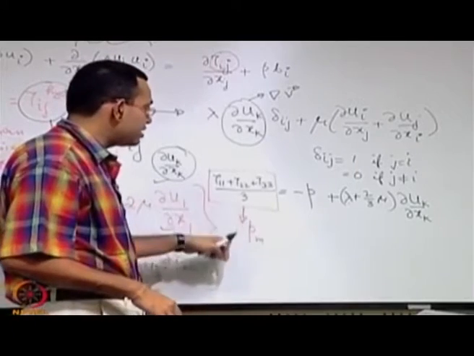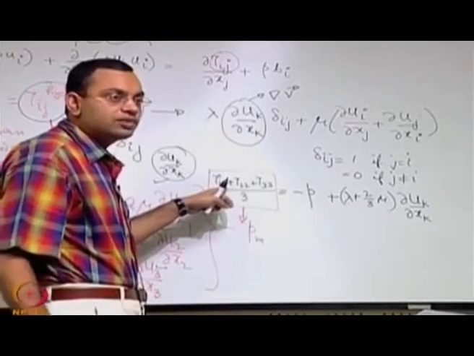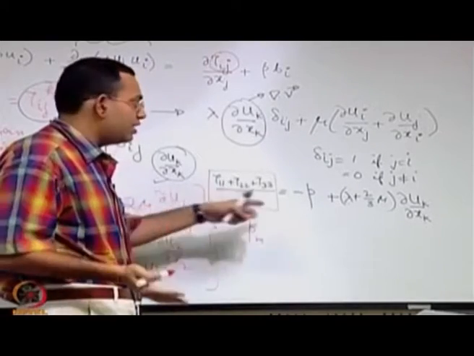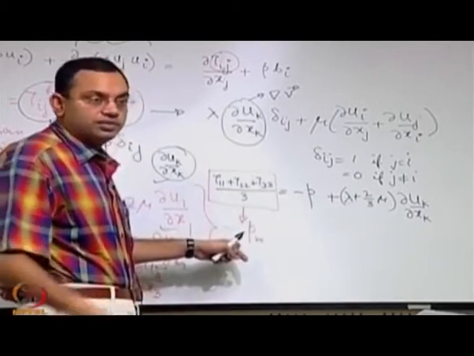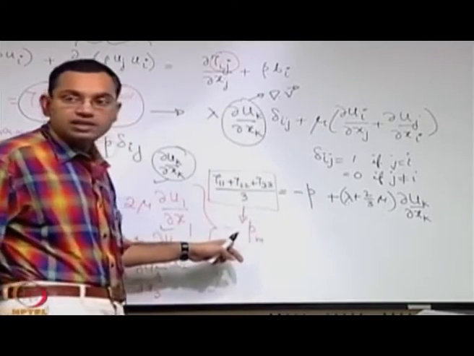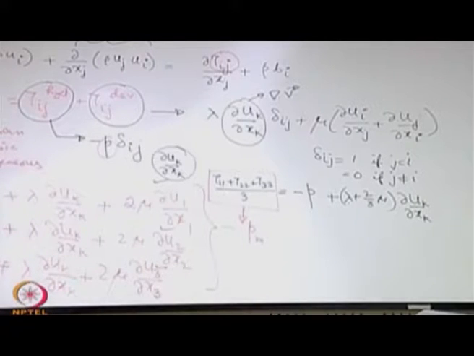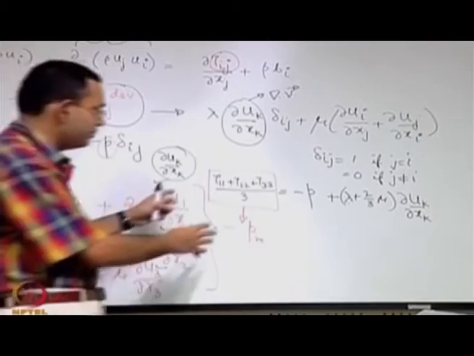The sign is adjusted because the positive normal component of stress is taken as tensile and pressure by definition is compressive, that is why it is adjusted with a minus sign. So this is the definition of mechanical pressure. We will now try to understand what physical meaning it conveys, but first the definition.